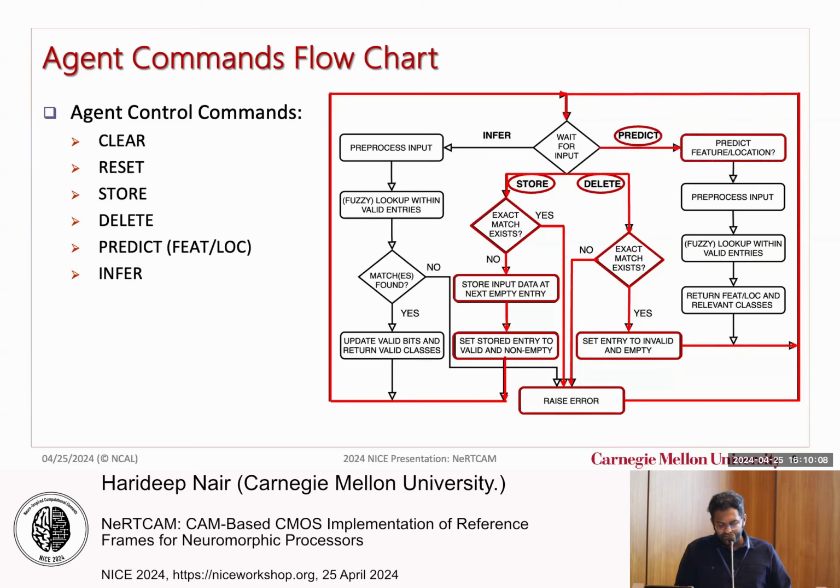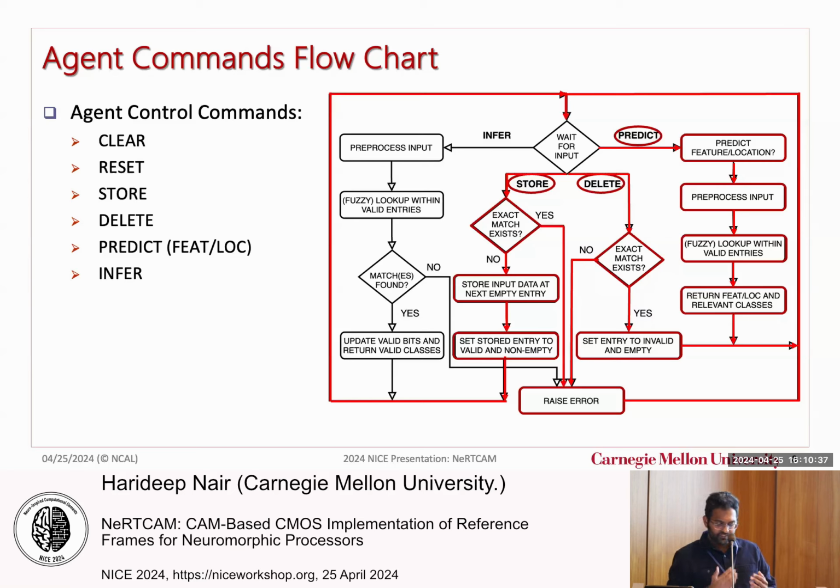In terms of predict, you first determine what type of predict it is, because in our system, you can predict a location given a feature, or you can predict a feature given a location. In both cases, it will also predict the corresponding classes. For predict, we also have a pre-processing stage where you can append some bits to a vector, where the amount of fuzziness can be controlled, or some of the bit vectors can be marked as don't cares.